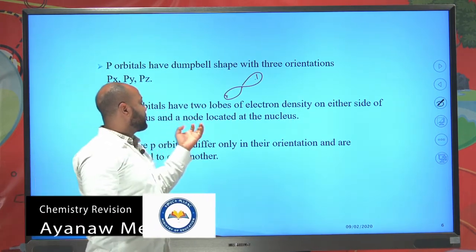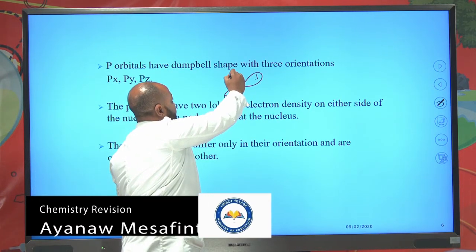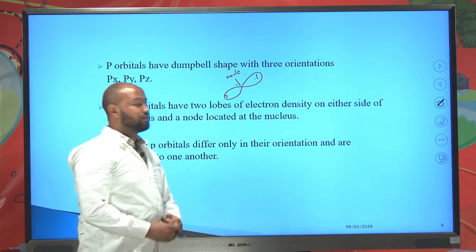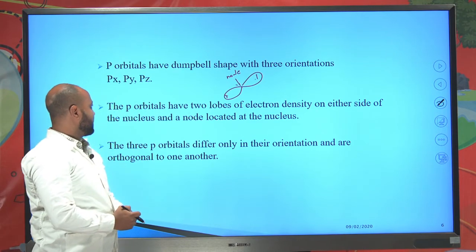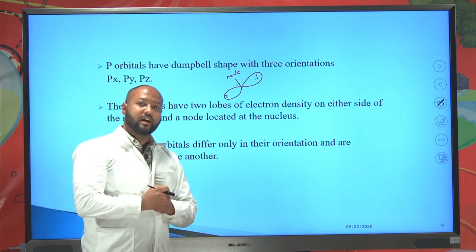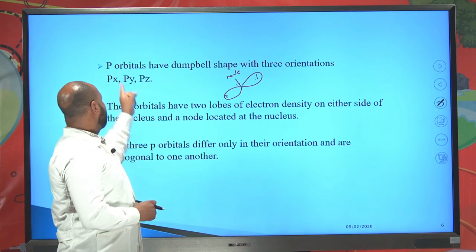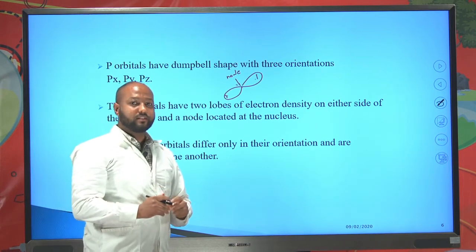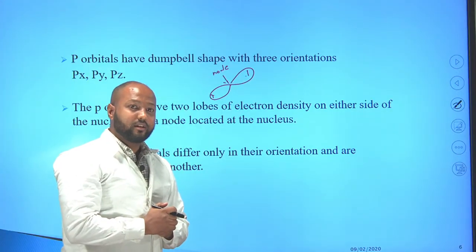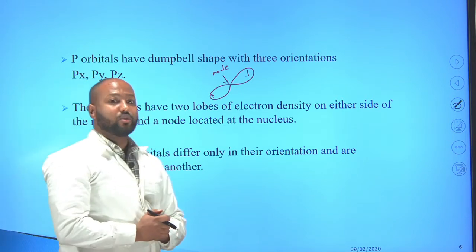The nucleus is located at the node. There is no probability of finding an electron at this node. Px is oriented along the x-axis, py along the y-axis, and pz along the z-axis.